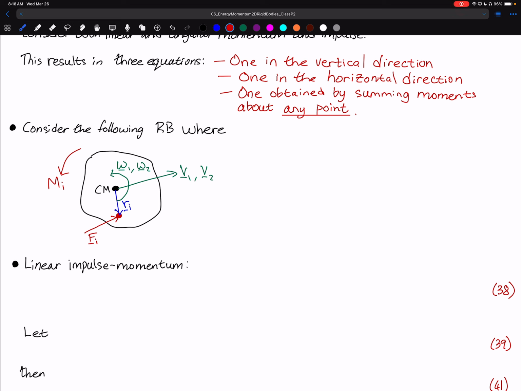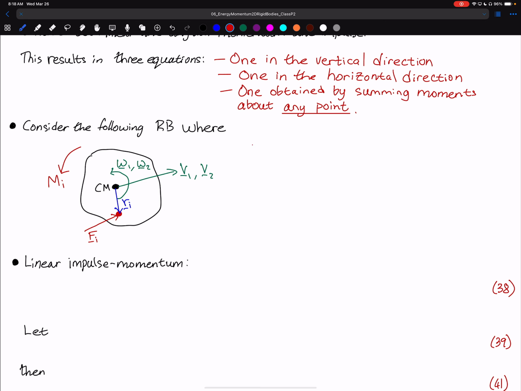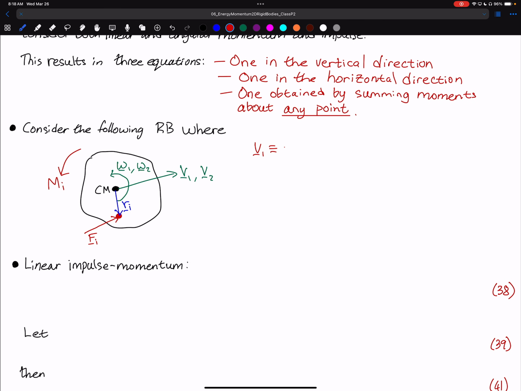Okay, so here, we're just going to write out what everything is. So V1 here is our velocity of the center of mass at time t1. Omega 1 is the angular velocity at time t1.